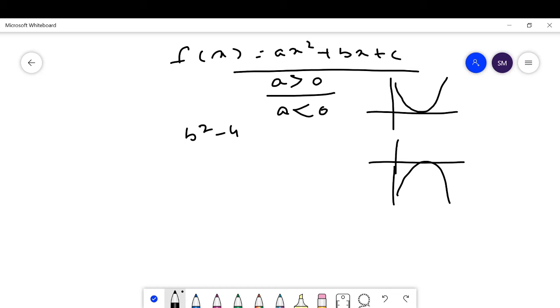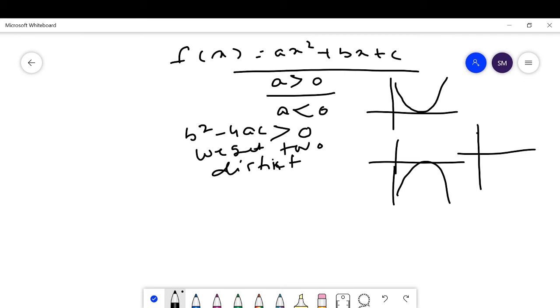When b square minus 4ac is greater than 0, we get two distinct zeros and the parabola cuts the x-axis at two points. When b square minus 4ac is equal to 0, this is a perfect square, the parabola just touches the x-axis, and there is a single zero.